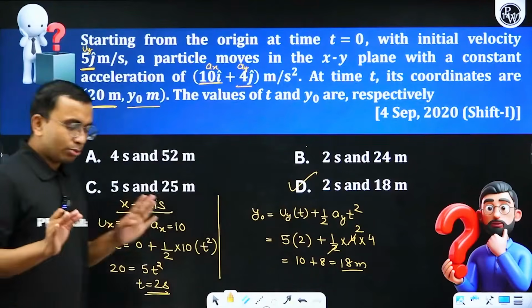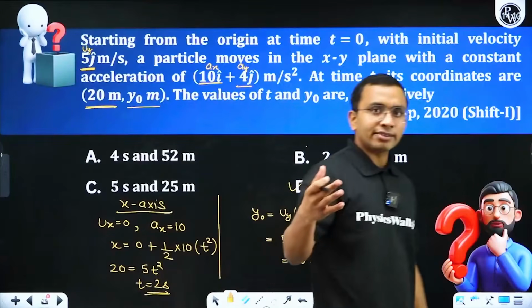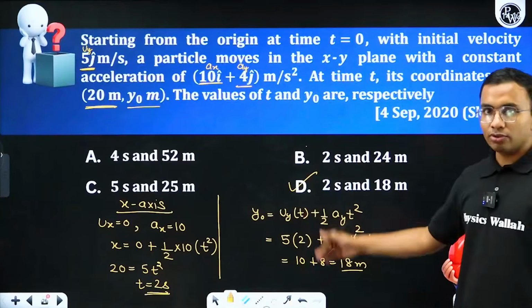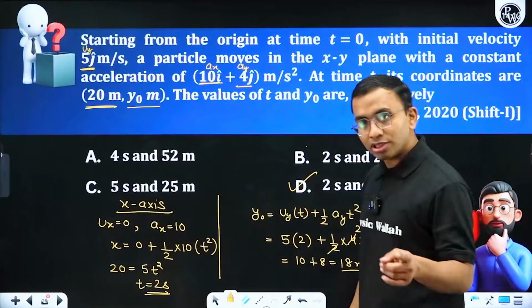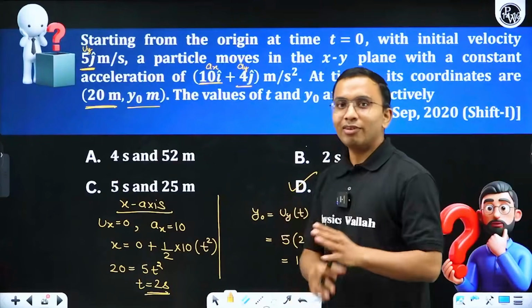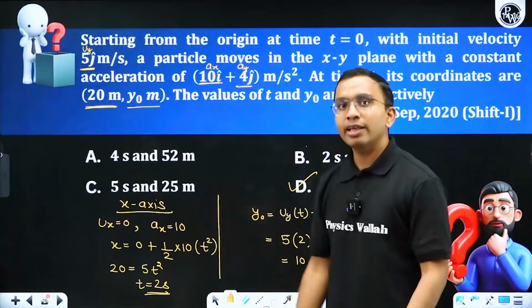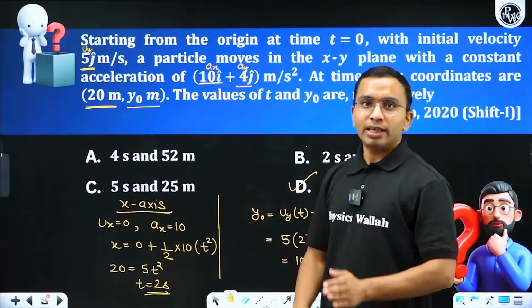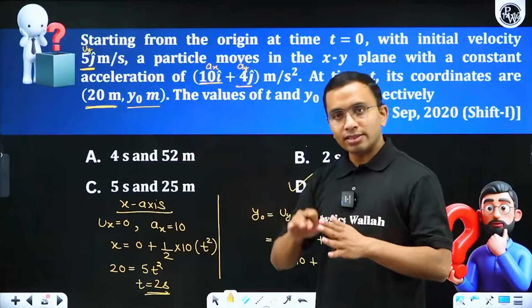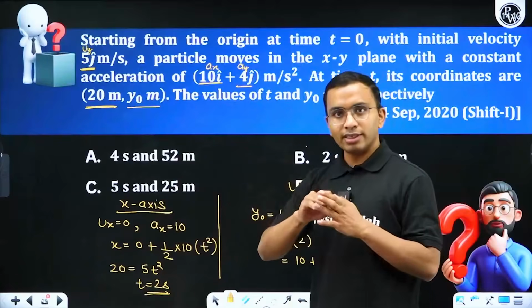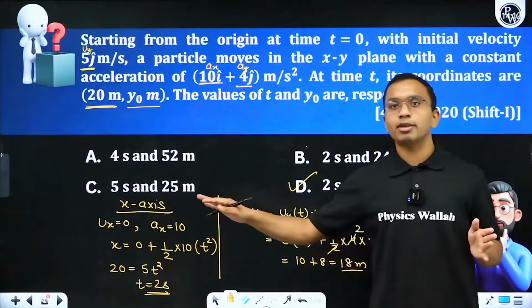So here we analyzed both the motions separately along x-axis and along y-axis. This is how you have to do. When you learn projectile motion, the same way we will approach that. We'll see the motion along x-axis separately, and the motion along y-axis separately. See what is the acceleration along x-axis, what is the initial velocity along x-axis, what is the final velocity, analyze that separately.